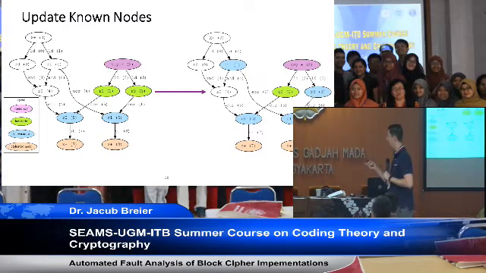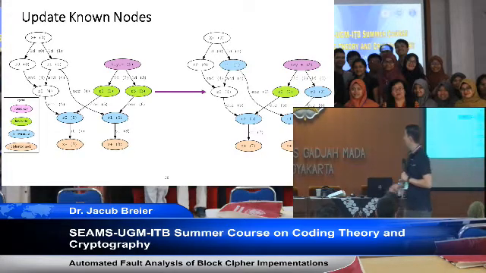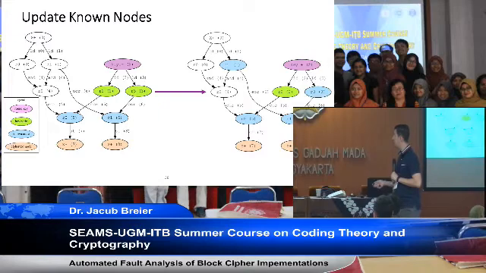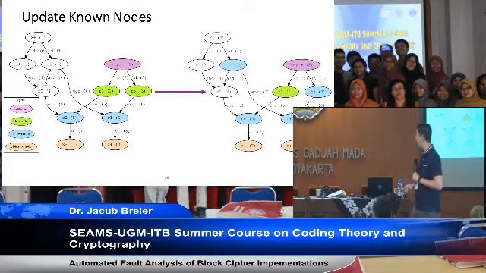So now instead of 4 known nodes, we have 6 known nodes, and we ask whether we have recovered all the portions of the secret key. Not yet. We still need to do almost the same attack, but now we exchange the vulnerable and the target node to get the information about the other one, and that will finally give us all the nodes in this simple cipher. Then we can finish with success.